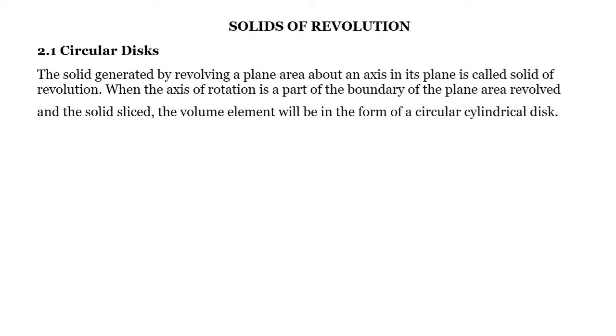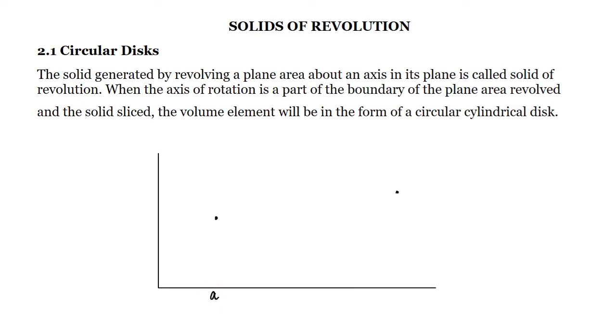So if we are going to consider this, let's say we have this x and y axis here, and at point A, ito yung ordinate natin dyan, and at point B, this is our ordinate.